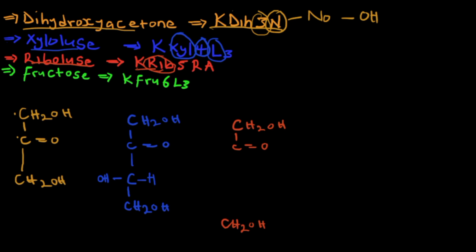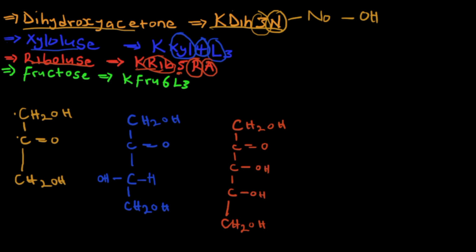So they are almost the same compound. The only difference is that ribose is an aldose with an aldehyde functional group, and ribulose is a ketose with a ketone functional group. Then the number of carbons is 5, so I have 1, 2 already, 3, 4, and the fifth one attached here. Then R means my OH groups are all to the right, so all those remaining carbons have my OH group attached there.